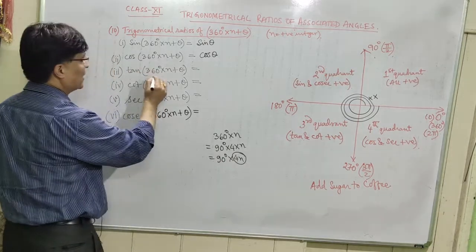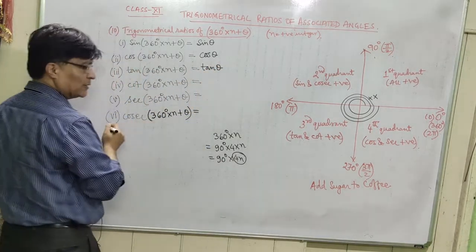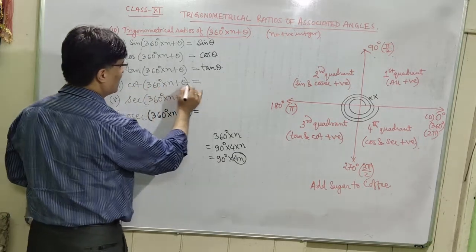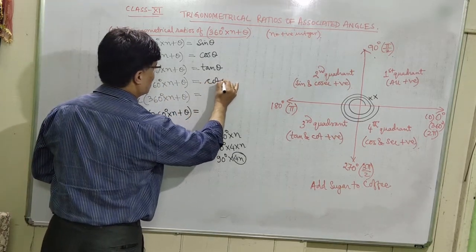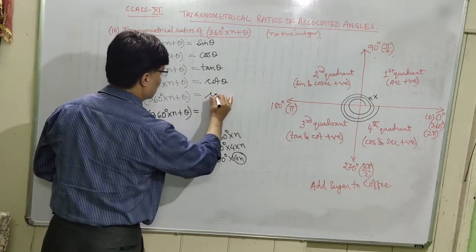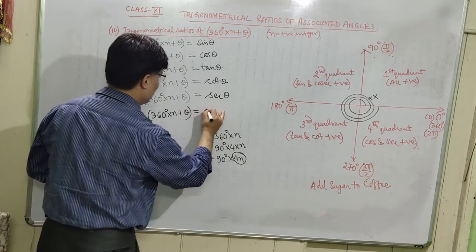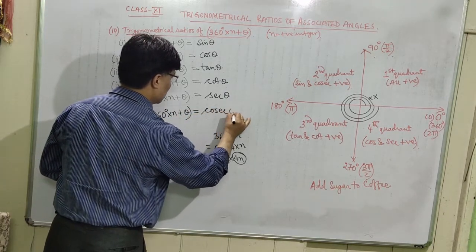What about tan 360 into n plus theta? This is tan theta. Cot is cot theta, sec is sec theta, and cosec 360 into n plus theta is cosec theta.